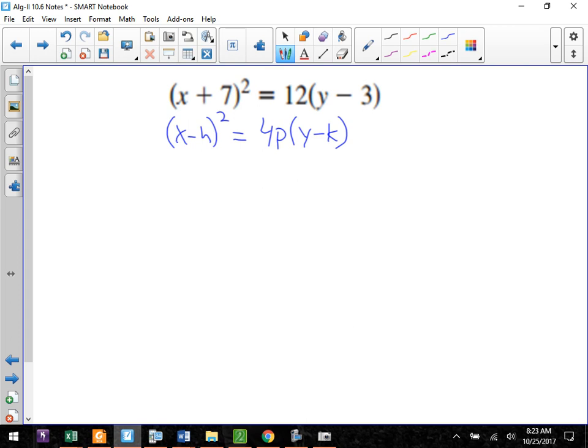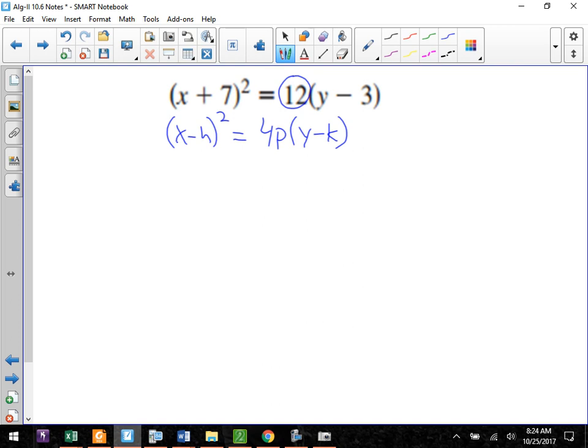So now we just start piecemealing together. Which direction do x squared parabolas go, up or down? Y squareds go left or right. So is this one going to go up or down? It's going to go up because, like we said a second ago, the p-value here is going to be 3, since this was positive.